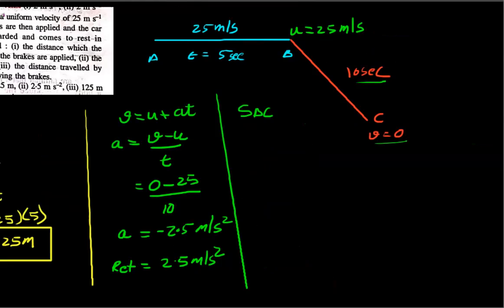So let's try to put that formula. S equals UT plus half AT square.